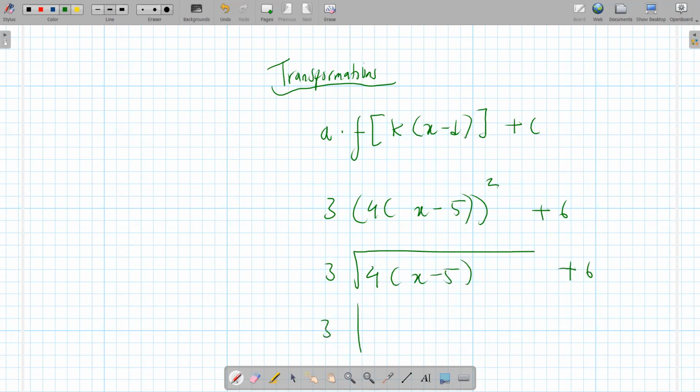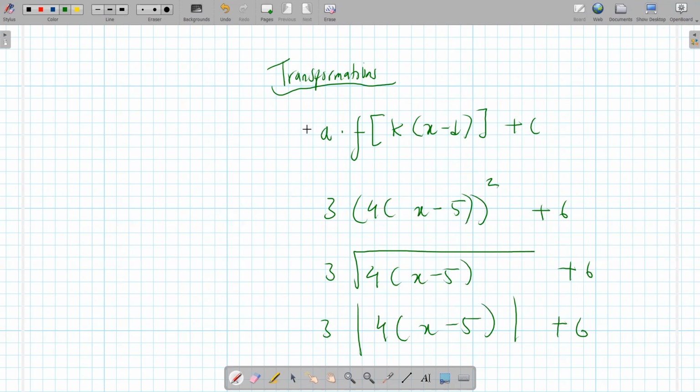You can also have the absolute value function like that, plus 6. Okay, you see how this works? Any function will be in this form. And from that form, you have to decipher what the a, k, d, and c are. And that'll tell you what the transformations are.